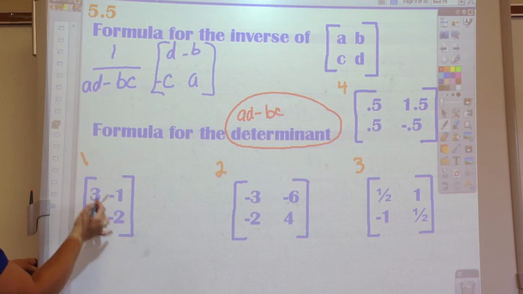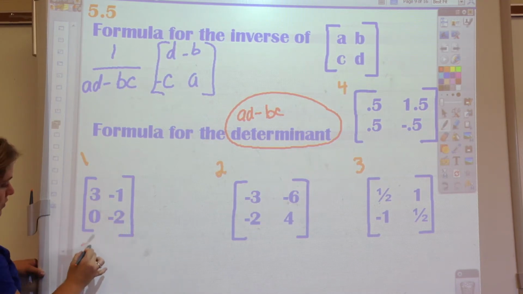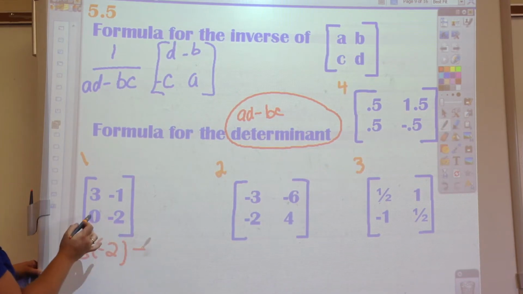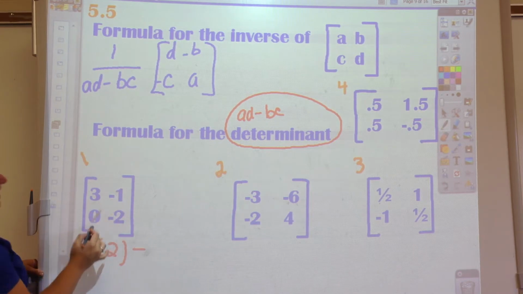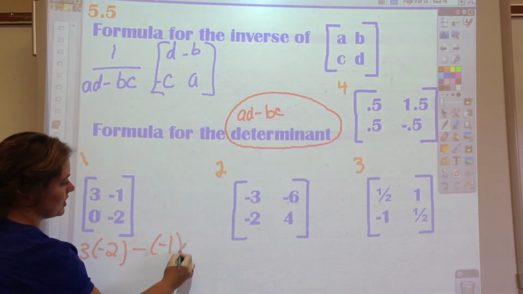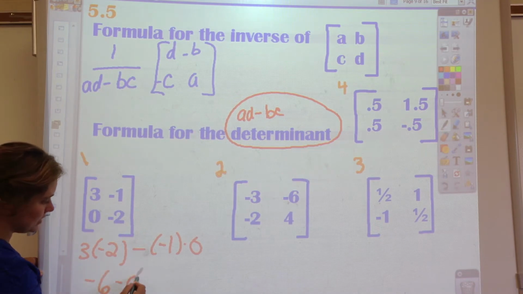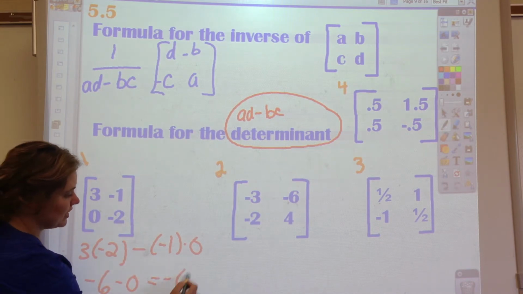So let's look at this determinant right here. A times D would be 3 times negative 2, minus B times C, which is negative 1 times 0. Now I get negative 6 minus 0, which equals negative 6.